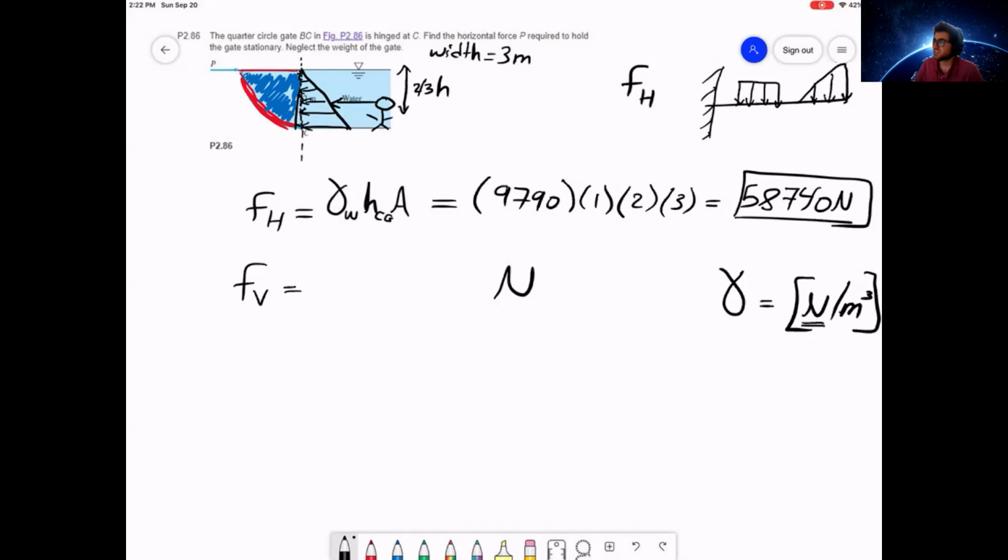That's one of the first things to remember in fluid mechanics. It's all units, right? I have gamma, I need this Newton from gamma. The only thing I need to do is get rid of this meter cubed. So just multiply times volume, and you'll end up with Newton.